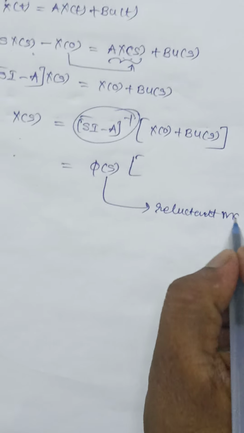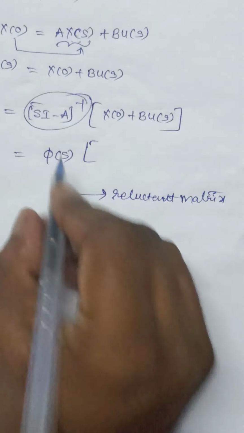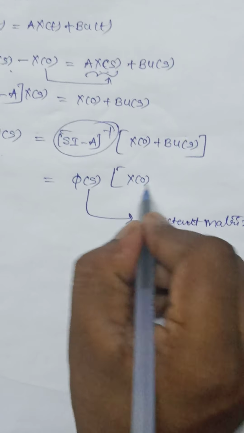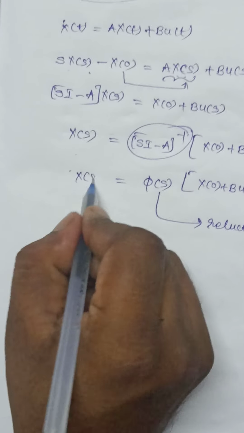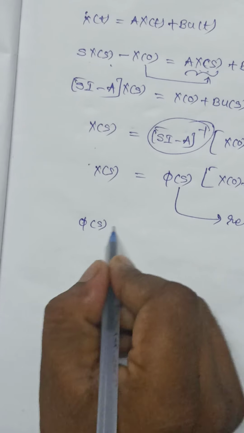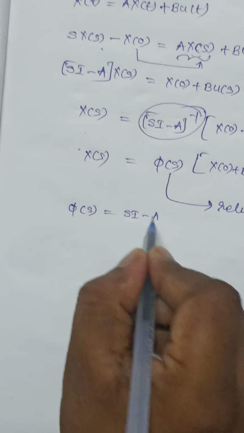It is called the resolvent matrix. So this is phi of s into x of 0 plus B U of s. So this is X of s, where phi of s is equal to (sI minus A) whole to the power of minus 1.